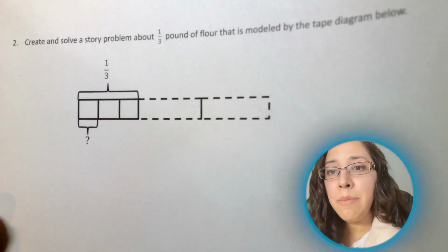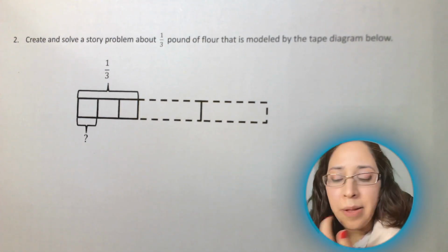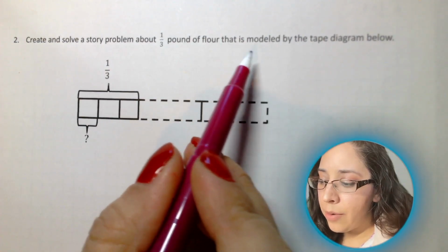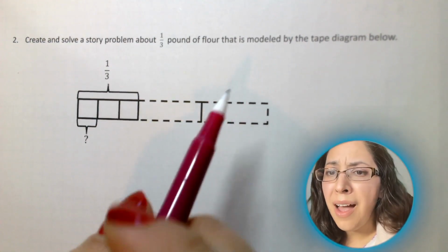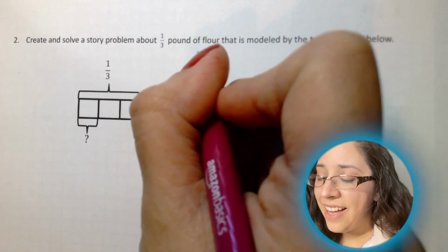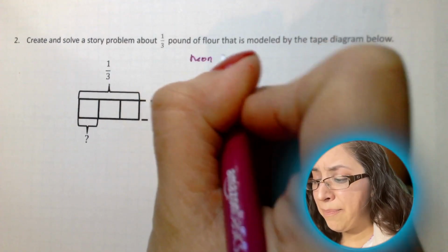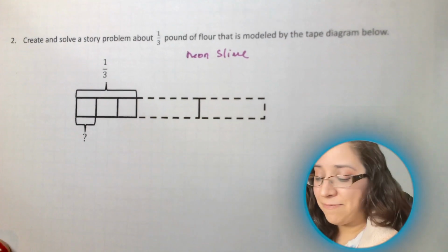All right. Number 2. Let's take a look at number 2. It says, again, create a story problem about 1/3 a pound of flour that is modeled by the tape diagram below. I changed it up, and I'm going to change it up now. I said neon slime. I'm going to make mine a little bit different because I wanted it to be fun.